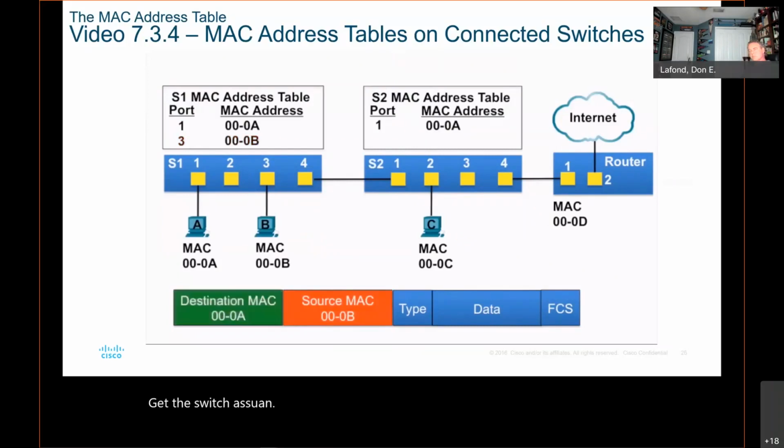Next, switch S1 examines the destination MAC address and notices that MAC address is in its MAC address table, so it sends it out just port 1. PCA receives the Ethernet frame, examines the destination MAC address against its own MAC address, and notices it is a match, so it receives the rest of the frame.